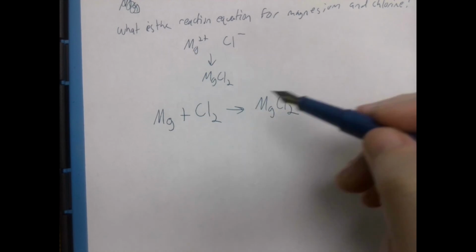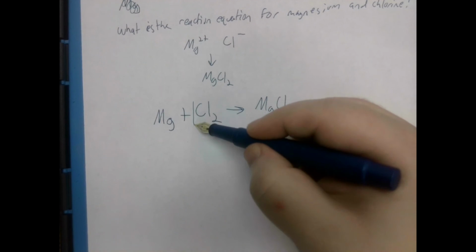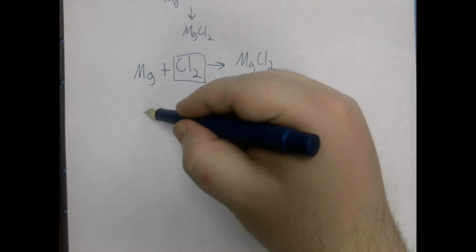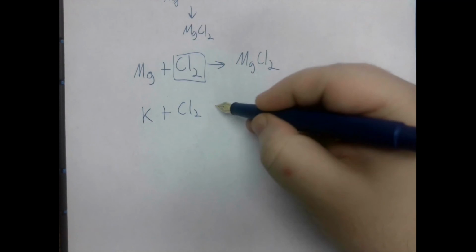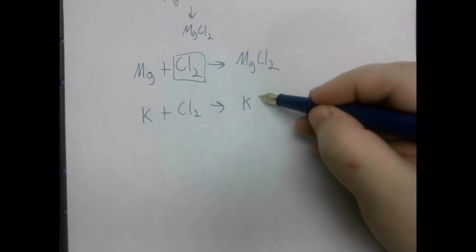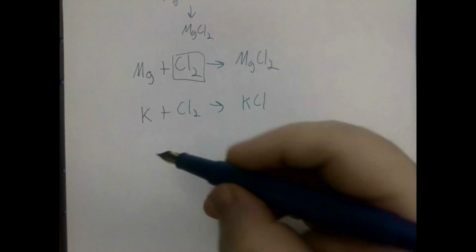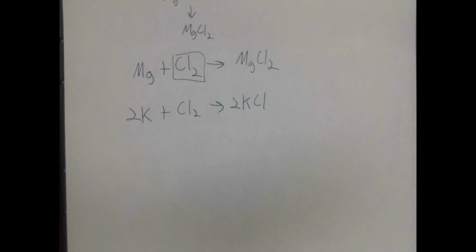There's 2 here and 2 here. You have to know that chlorine is diatomic. The best example would have been calcium plus chlorine should give you CaCl2 like this. You should put a 2 here and a 2 here to balance it. But we'll pick this up on Monday.